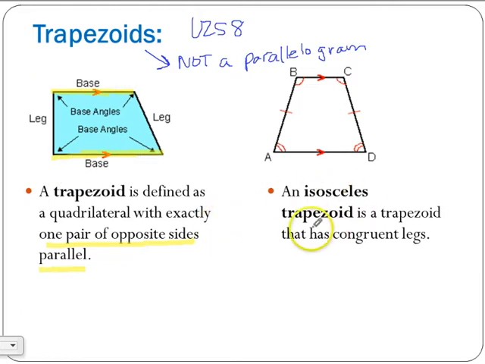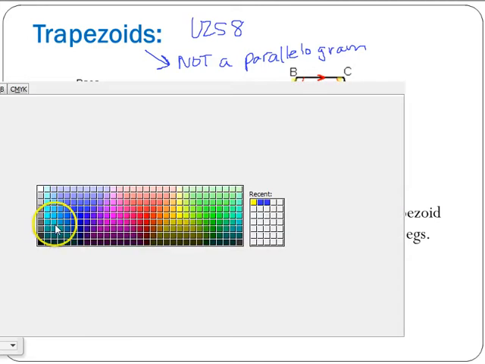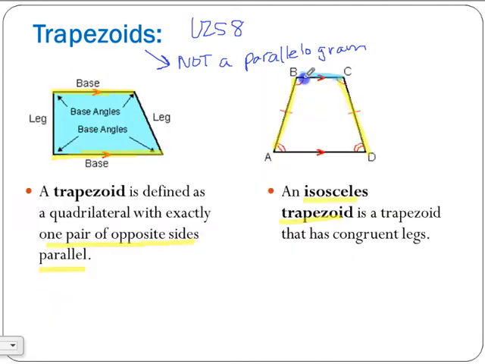And then we've got a special type of trapezoid, an isosceles trapezoid, which is a trapezoid that has congruent legs. So here's our set of congruent legs, and then we also have our set of parallel sides, and one set of parallel sides makes it a trapezoid.